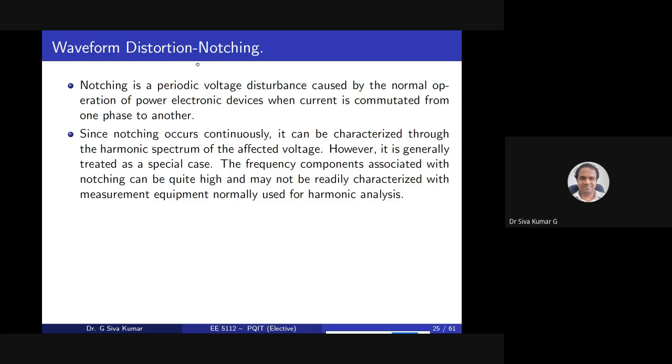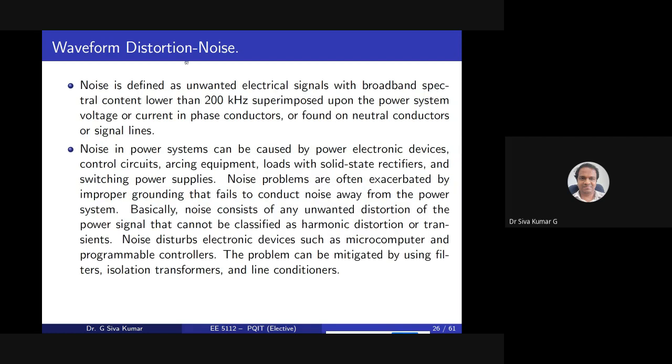Why? Because if you measure the frequency of a notching signal, it is quite high. So because of that, we are not able to measure it with the normal equipment we use for harmonic analysis.